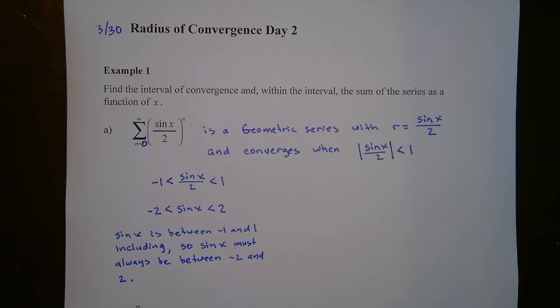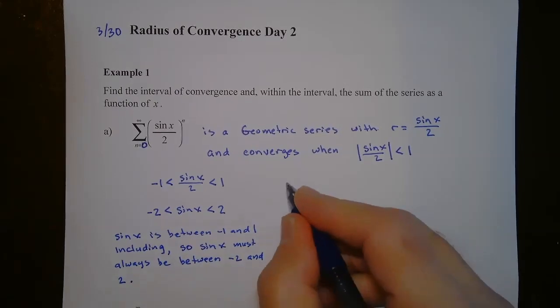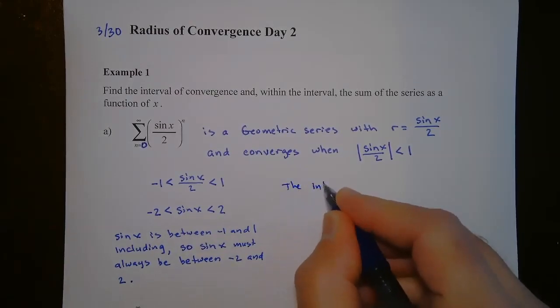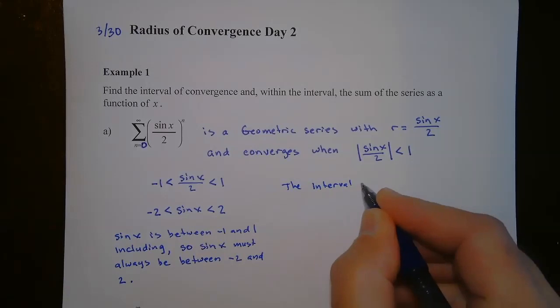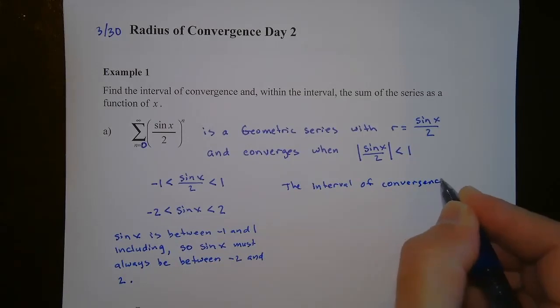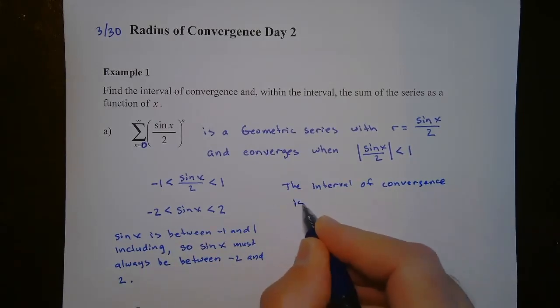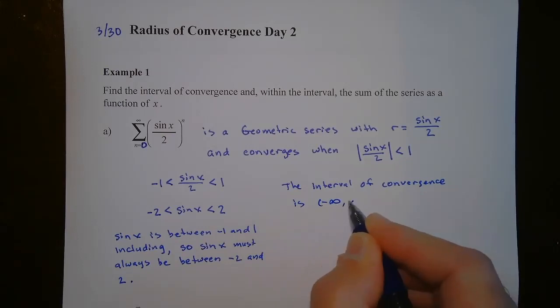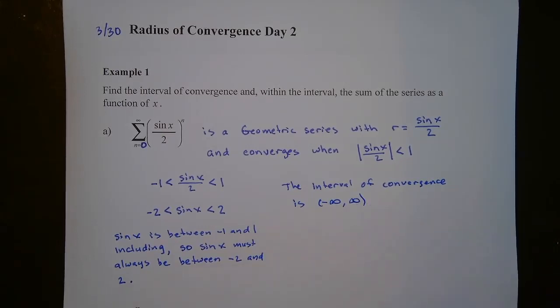If any x we put into this is going to cause it to be between -2 and 2, that means this is going to work for every single x. So the interval of convergence would be -infinity to positive infinity. There's no distinct interval here. So the radius of convergence would therefore be infinity.